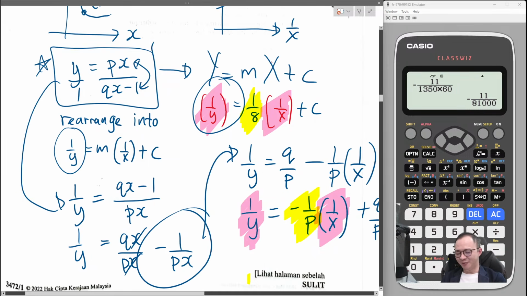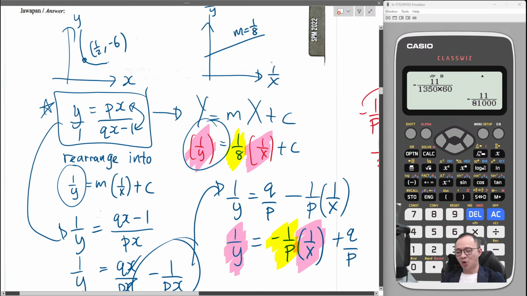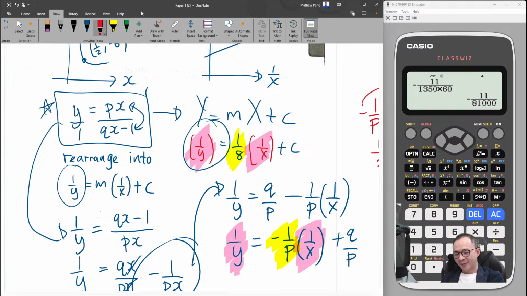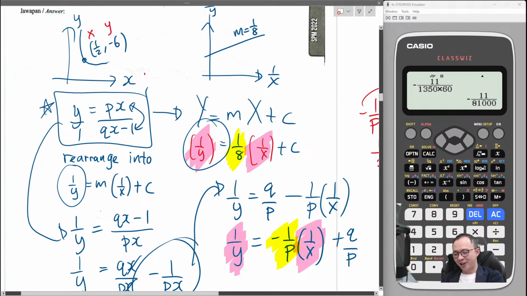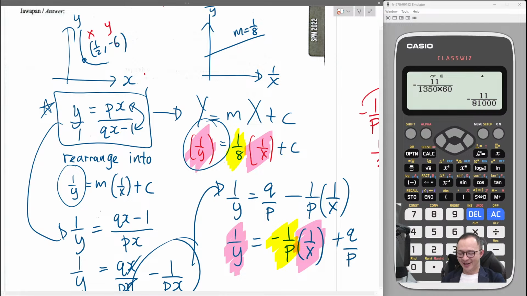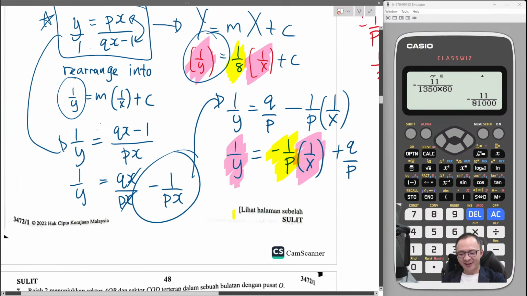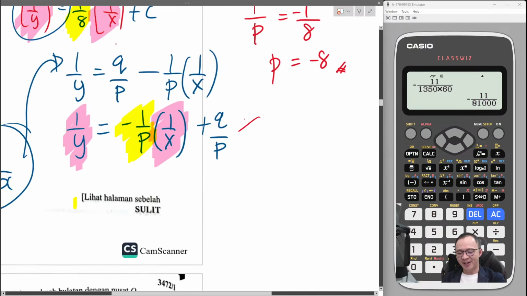So this is the reason why they give me this coordinate. Because this coordinate is the xy coordinate. Now I want to sub this into my x, y, and p. I have p equal to negative 8. I have my x. I have my y. Can I sub everything into here to find my q? Yes, right.